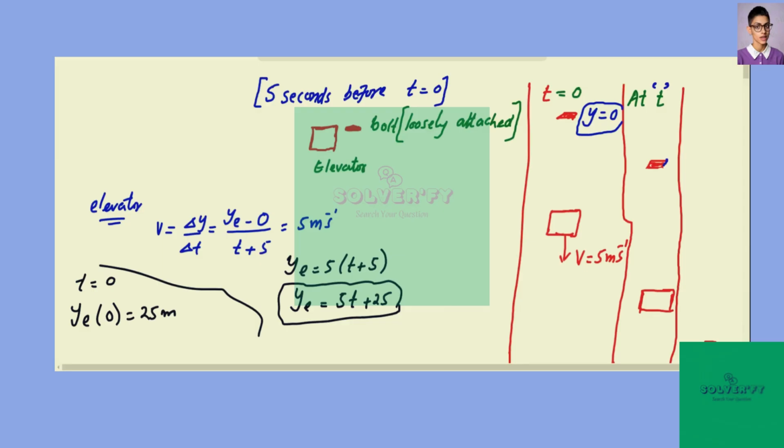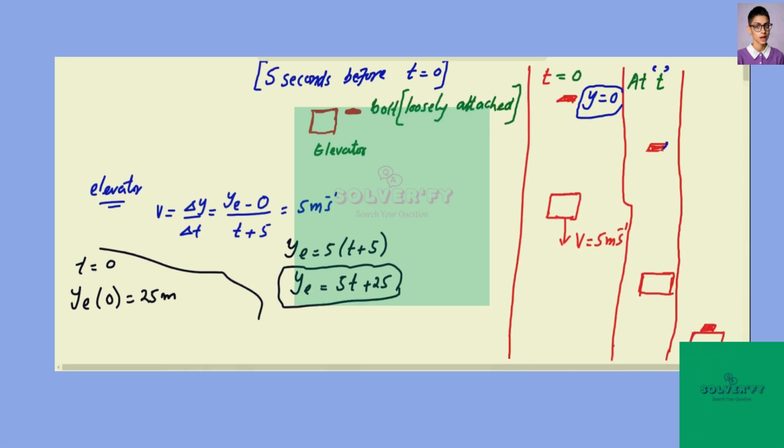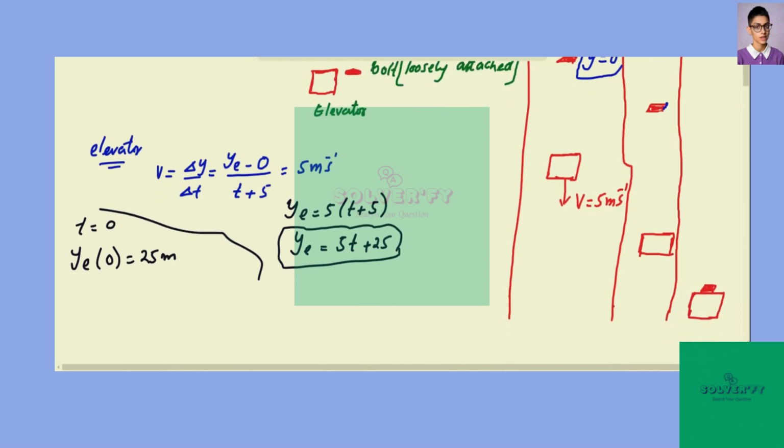Now we can write the similar relation for the bolt. For the bolt we can write delta y equal to initial velocity of bolt into time plus half into acceleration of bolt into delta t squared.